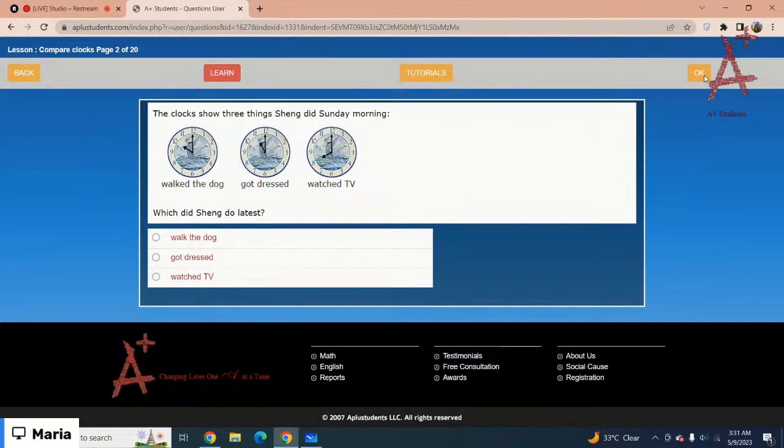So, which is the correct option? 10, 11, and 8. That means the last he did is watching TV because 8 is the latest time. So, it would be watch TV.